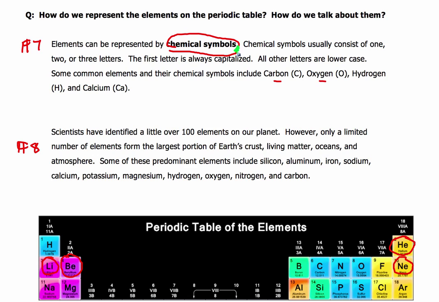Chemical symbols are letters where the first letter is always going to be capitalized, the second letter is going to be lowercase. Okay, so chemical symbols usually consist of 1, 2, or 3 letters. The first is always capitalized, the others are always lowercase.